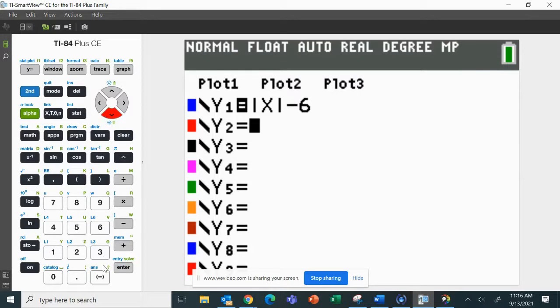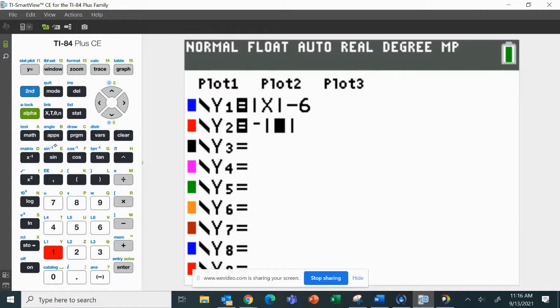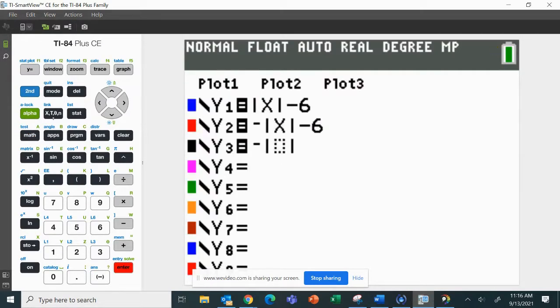Then we're going to try, make sure you hit the negative symbol, not the subtraction symbol, because you will have an error, absolute value of x, and then minus 6. And then I'm also going to try negative absolute value of x plus 6. I'm going to try both of these and see which one makes more sense.